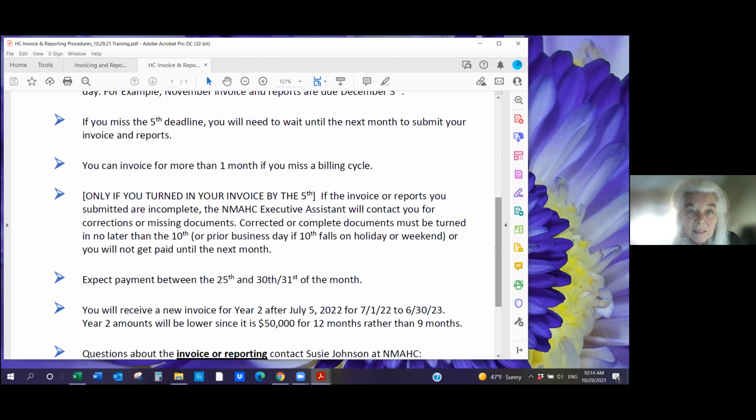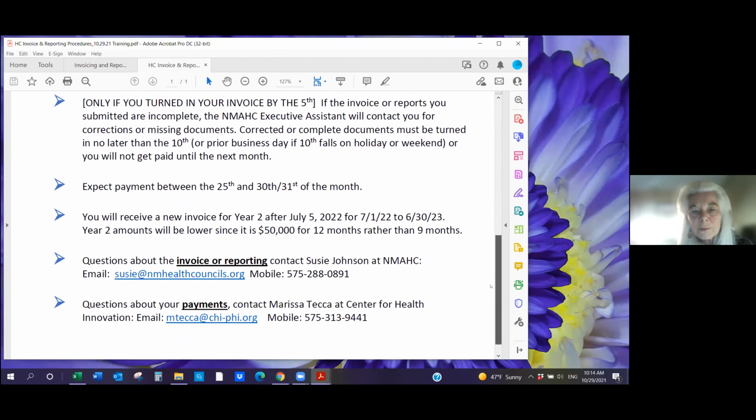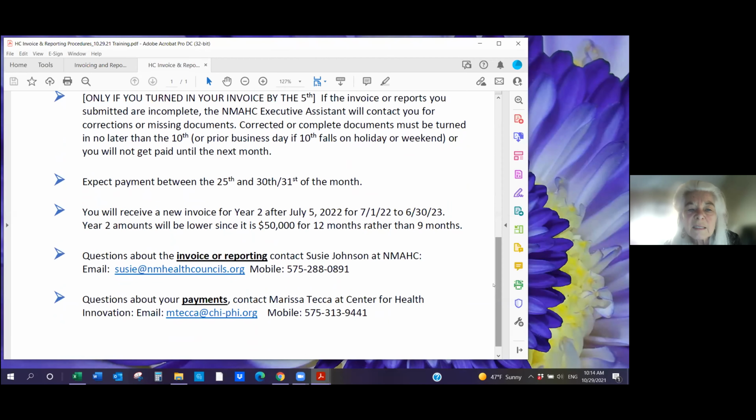If you're missing something, or if there's an error, she cannot authorize your invoice for payment. So we're really pushing for you to submit all your invoices and backup materials by the 5th, because a lot of things happen in between, like the authorizations, and then it has to go to CHI, and CHI has to submit to DOH and get paid.